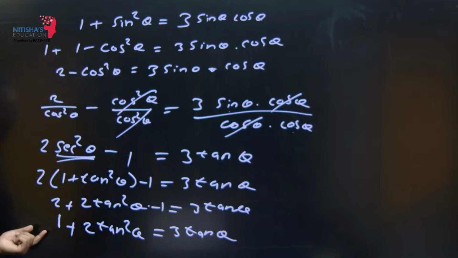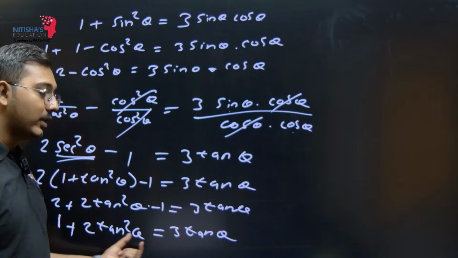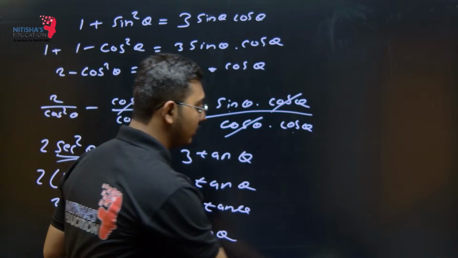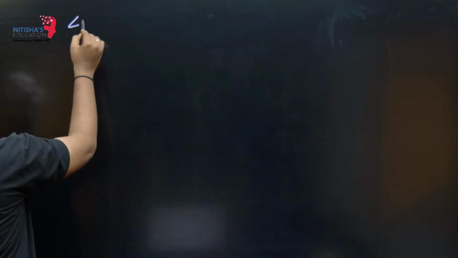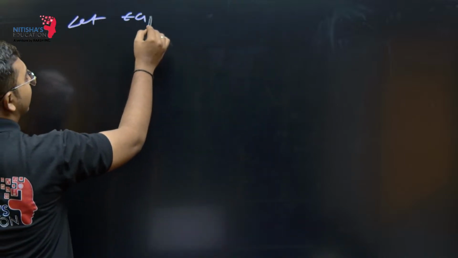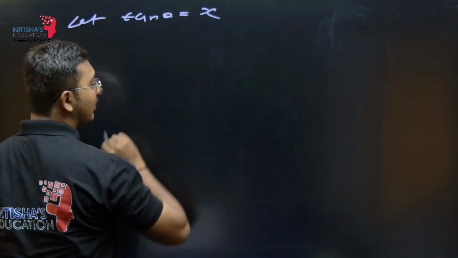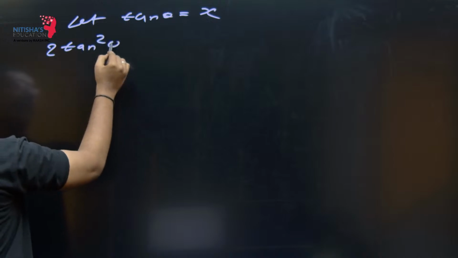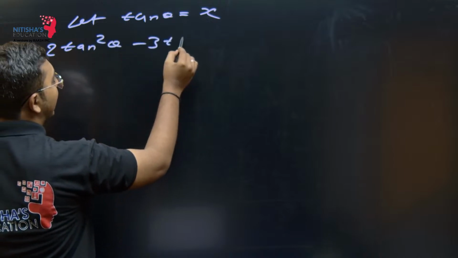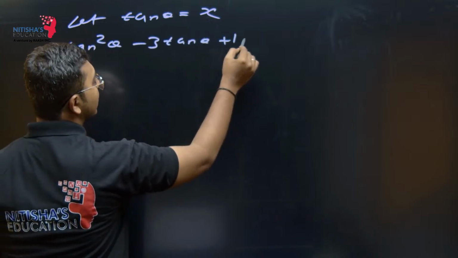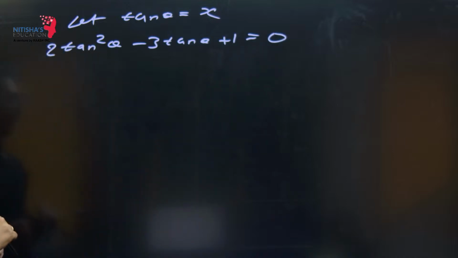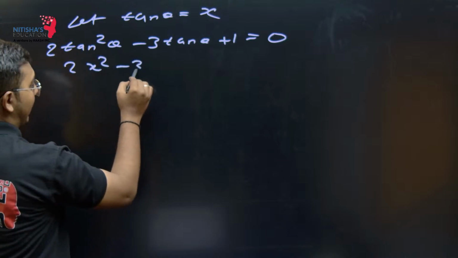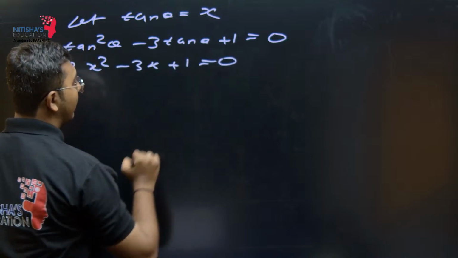Now you can see that it is actually a quadratic equation where x is our tan theta. So what we will do? We will just take let tan theta be equal to x. So 2 times tan square theta minus 3 times tan theta plus 1 is equal to 0. It will be reduced to the form of 2x square minus 3x plus 1 equal to 0.